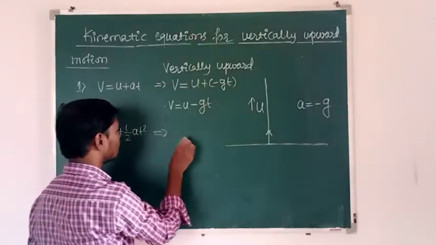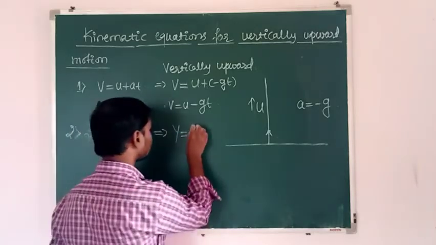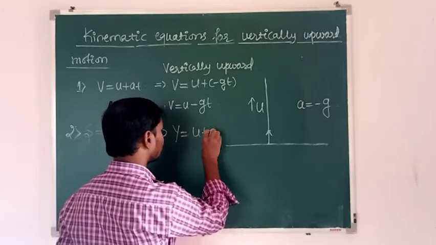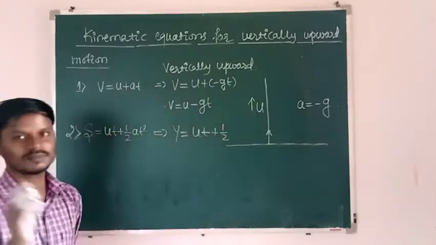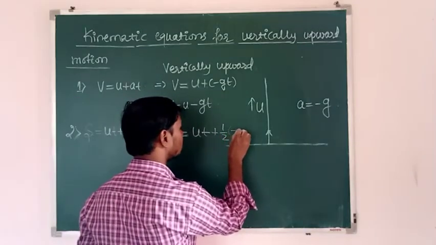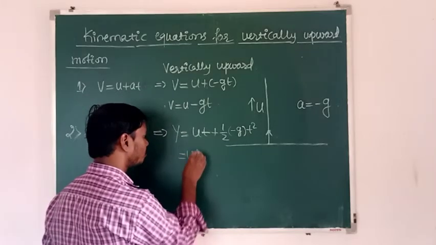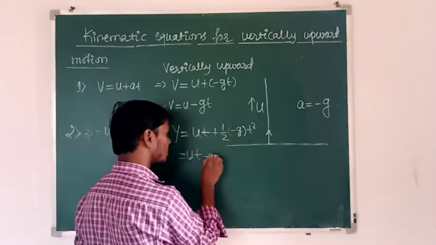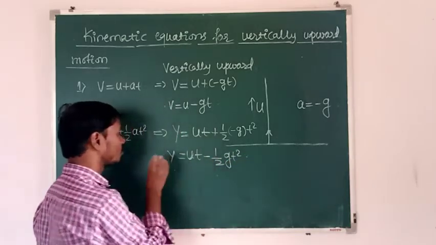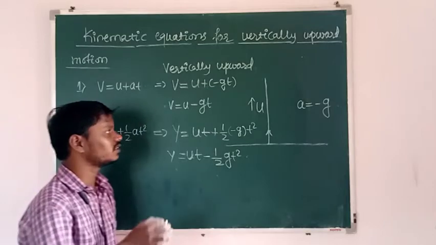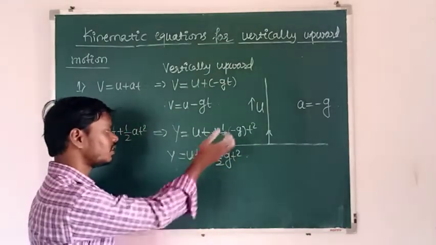This can be written as y is equal to u into t plus 1 by 2, and wherever a is there, I will write minus g into t square. Then this equation can be written as u into t plus minus 1 by 2 gt square. So this is the formula used to find the distance traveled by the body in vertically upward motion, okay, in the given time.